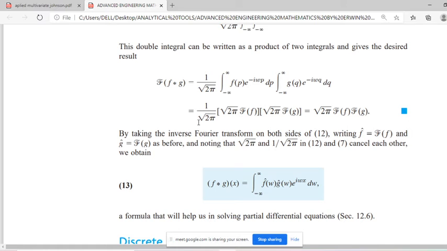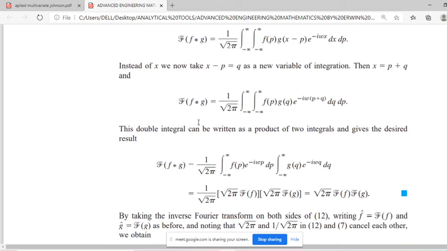Okay, so what will be the inverse? The inverse will be this one. What is that? f star g.